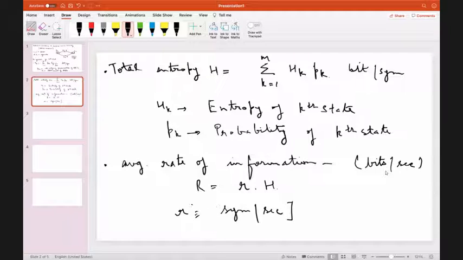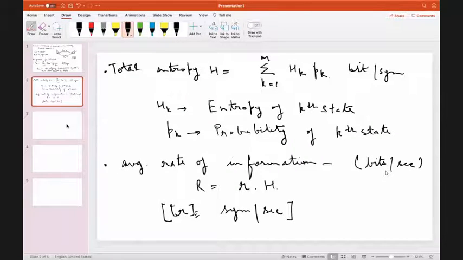It's like saying that a source is emitting, say, 5 symbols per 2 milliseconds, like in the problem that we had done last time. So this is the average rate of information.